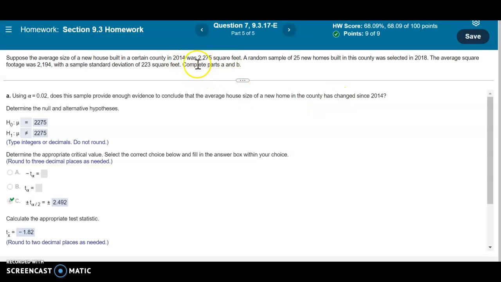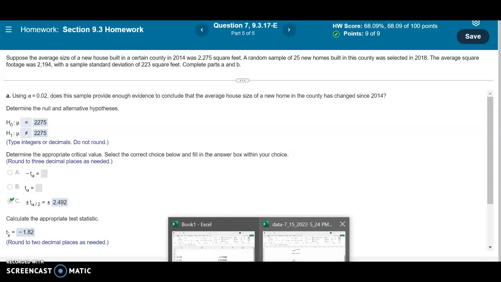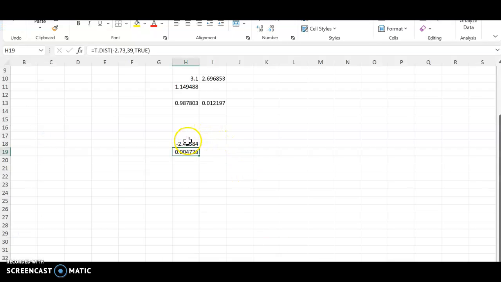Well, the average house size was equal to 2275, so that has to go here. If it's changed, then it will not equal 2275. So it's going to be a two-tailed test, and you could use your Excel to get those values.